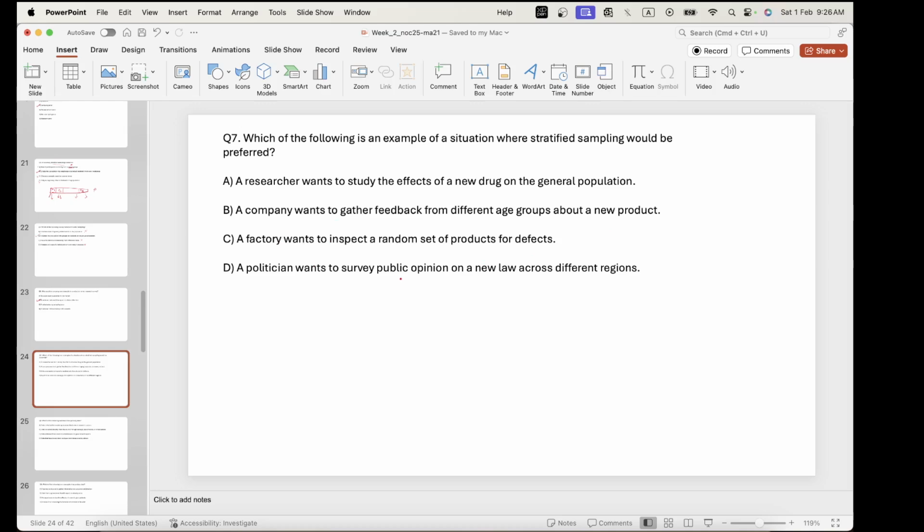A politician wants to survey public opinion on a new law across different religions. Okay, so this one is the most effective thing. Okay, feedback from different age groups about a new product.